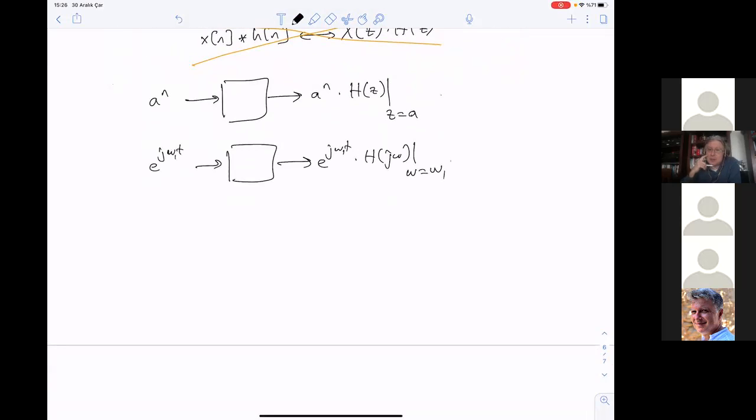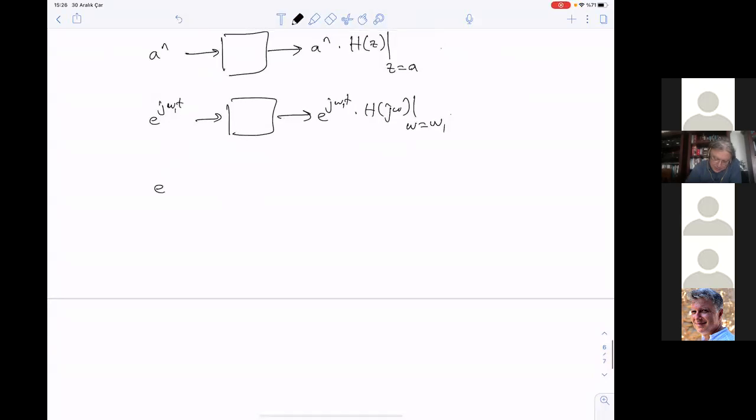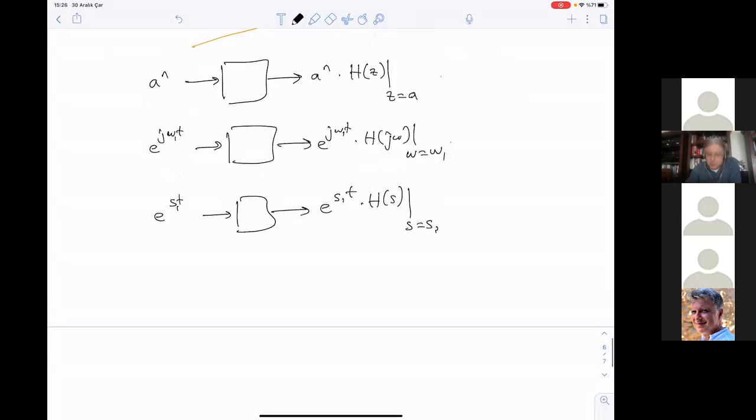There's also a Laplace counterpart: e to the s1 t goes into a system, and the output is e to the s1 t times h of s at s is equal to s1. These are all valid input-output relations.